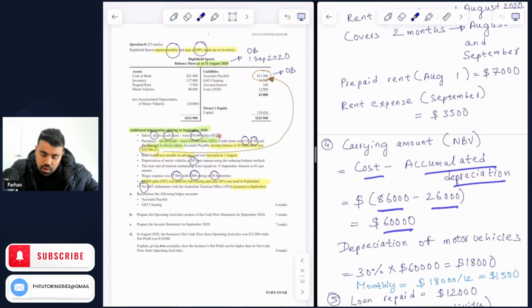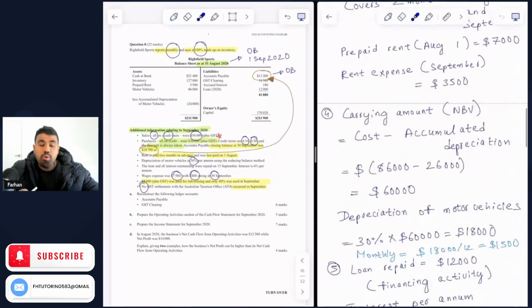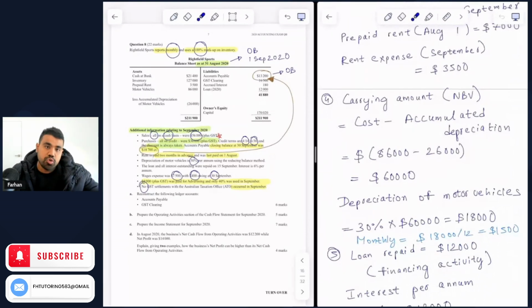Now, because we're using the reducing balance method, we always apply the given percentage, which is 30 in this case, on the carrying amount itself. So 30% multiplied on the carrying amount of 60,000 gives us $18,000 per annum as the depreciation for the existing motor vehicles.